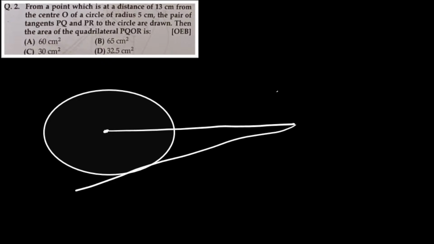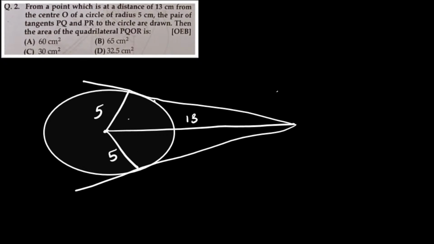This is 13. Radius is 5. Radius is 5. Then the area of the quadrilateral. So the area of quadrilateral PQR.